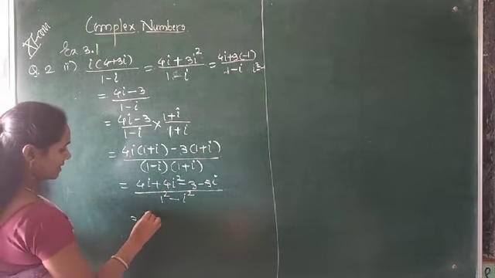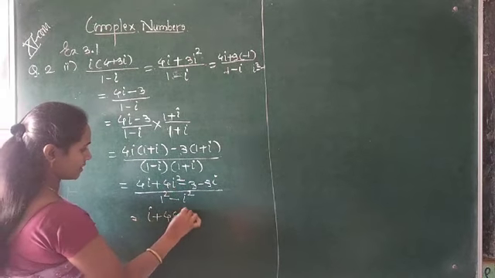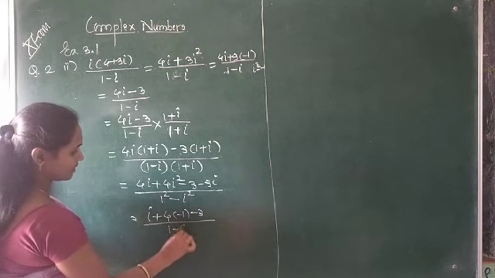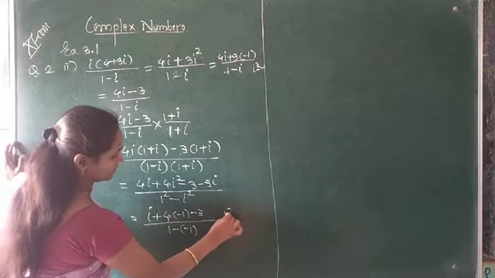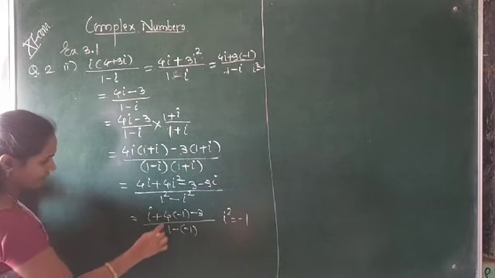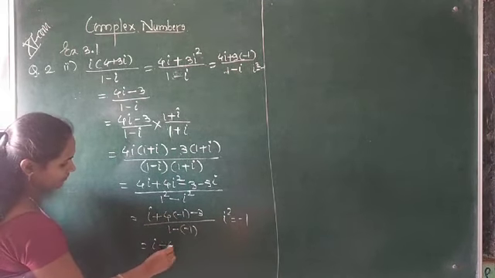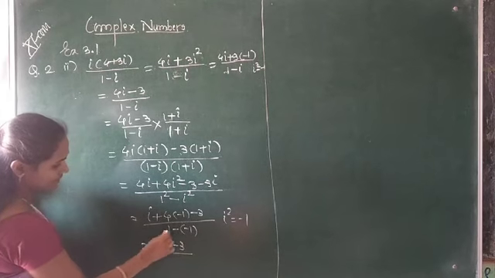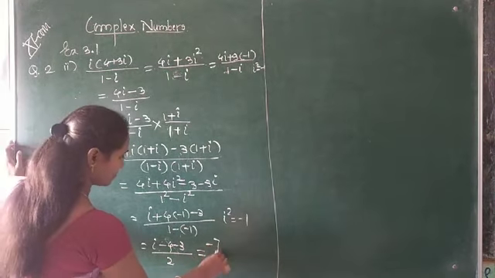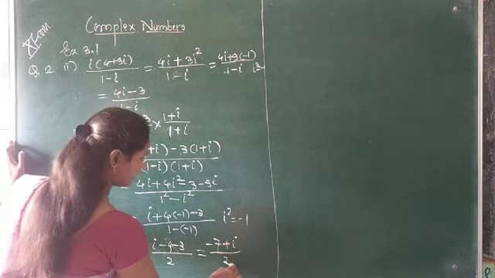4i minus 3i is i, plus 4 into the value of i square, which is minus 1, minus 3, divided by 1 square is 1 minus the value of i square, which is again minus 1. So it is i, minus 4 and minus 3, divided by 1 plus 1 which is 2, equals minus 7 plus i divided by 2.